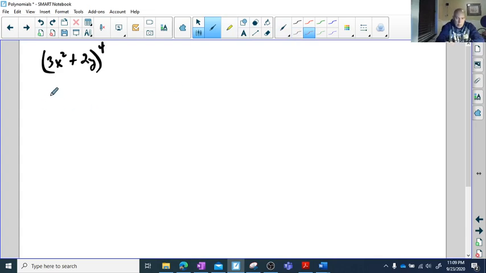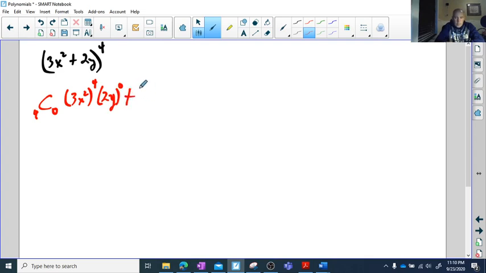Okay, so here's how the pattern would go. The number in front, so I'm not going to use Pascal's triangle. I'm going to go 4 choose 0, and then the first term of the binomial will be to the 4th, and the second term will be to the 0.